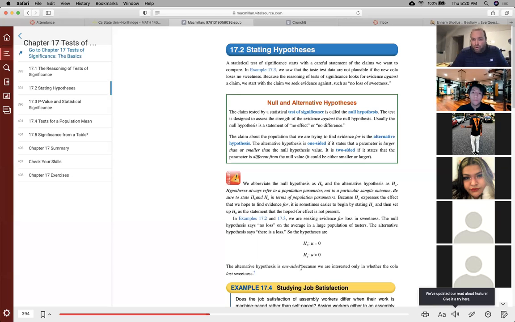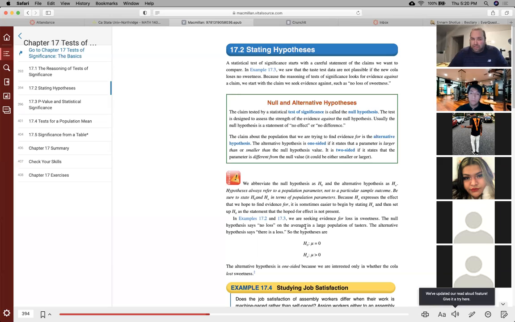In this case, it's a one-sided alternative hypothesis because it's greater than. If it's two-sided, it means it's different. So what's an example of different? Suppose, to use the example that they did, but a little different, Coca-Cola comes out with their 2-liter bottles and puts the 2-liter bottles in production.